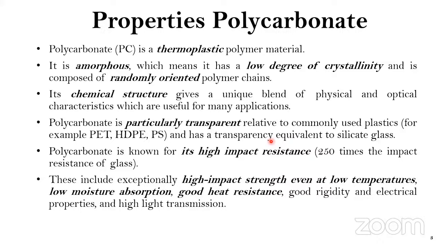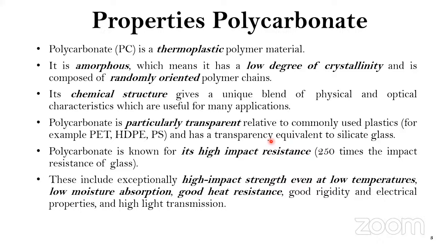And that is the reason, due to that transparency, polycarbonate is used maximum in window glass, na? There, half of them are manufactured from silicate glass, and half of them are manufactured from polycarbonate material.